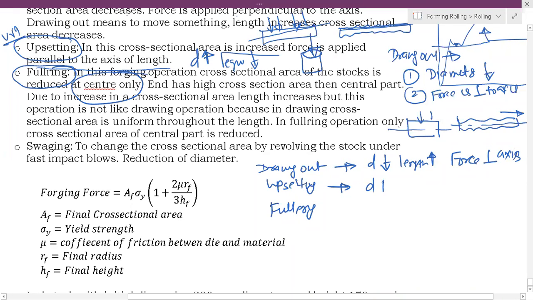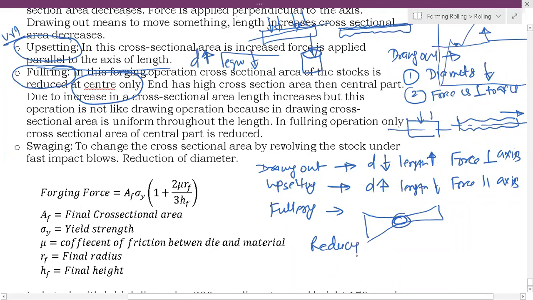Upsetting: diameter will increase, length will decrease, and force is parallel to the axis. Fullering is again like this: you are reducing the diameter at the center only. But in drawing out, the diameter is reduced throughout the length.